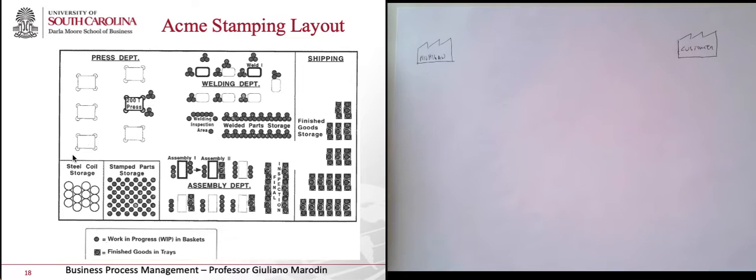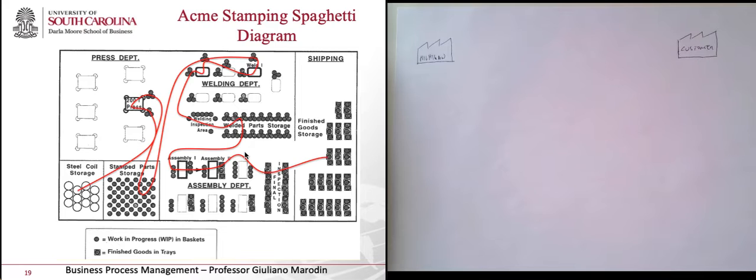So here's the layout of our process. The value stream map is not about layout. It's about the flow of the product and information. But here you can see that there is some storage. We have a press department, a welding department, an assembly department, and finished goods to be shipped here, with some inventory in between. Doing a spaghetti diagram, we can see the flow of the product.